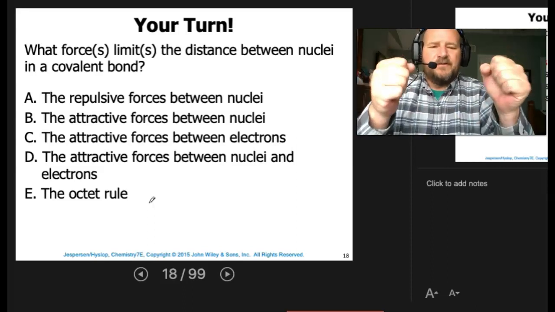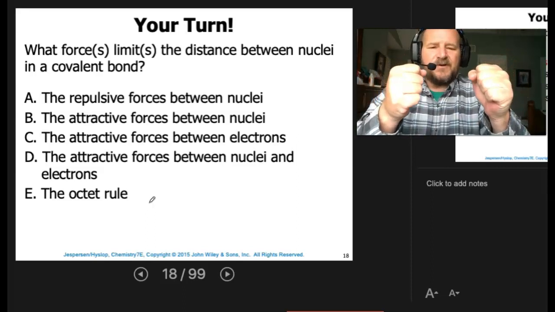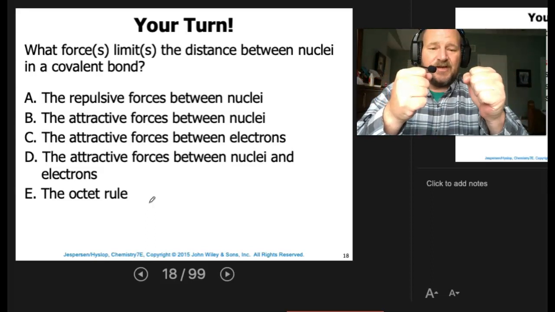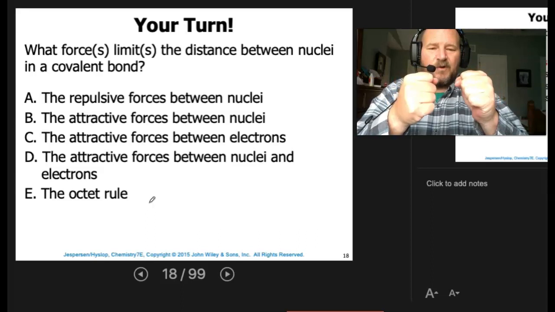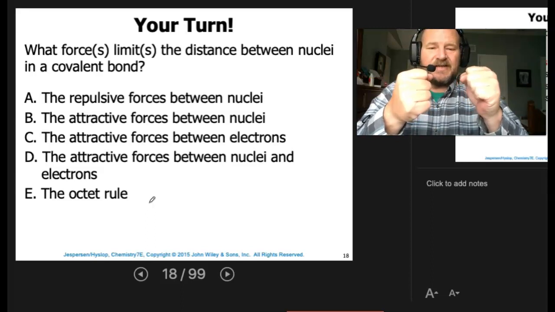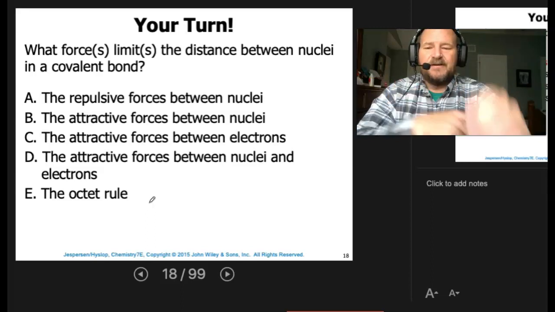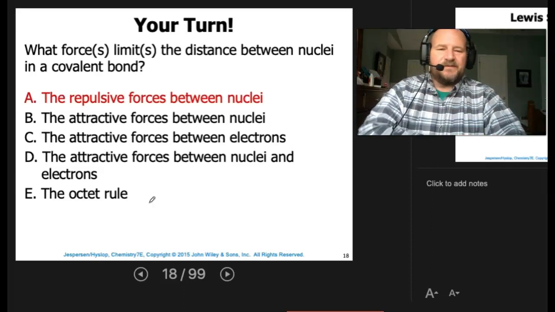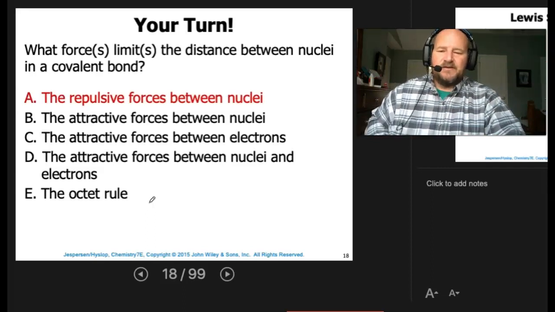Remember, those nuclei are going to come closer and closer based on the attraction to the electrons. Once they get to a certain point, the repulsion between the two is greater than the attraction of the electron, and that's what's going to limit their distance. So it must be A, the repulsive forces between the nuclei.